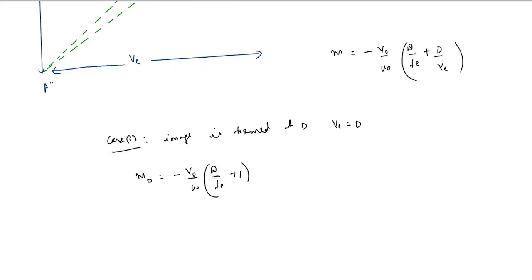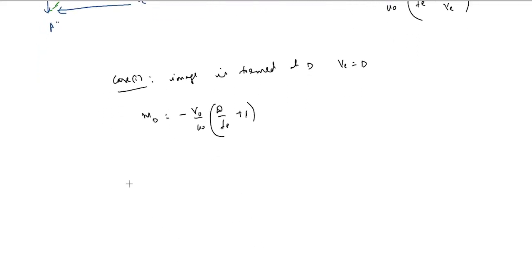Now, similarly, case 2 is where the image is formed at infinity. That would mean that ve tends to infinity.